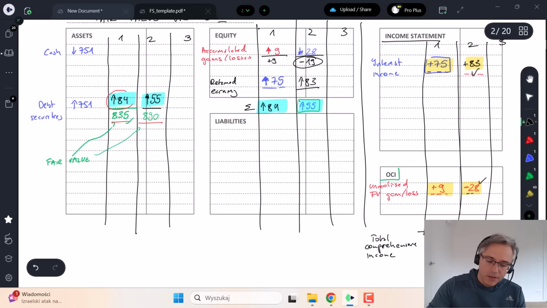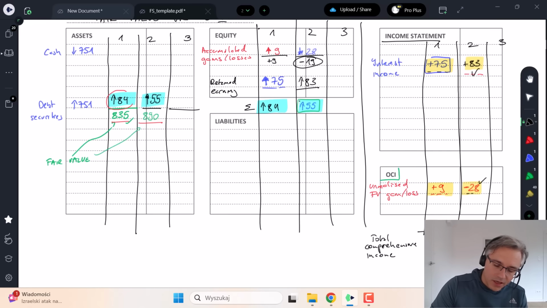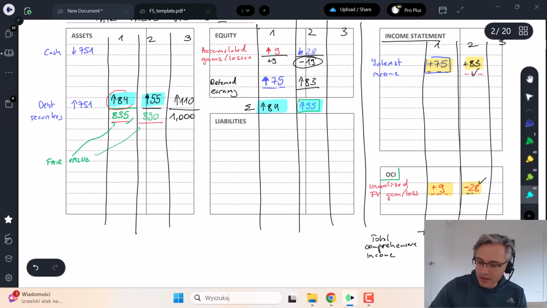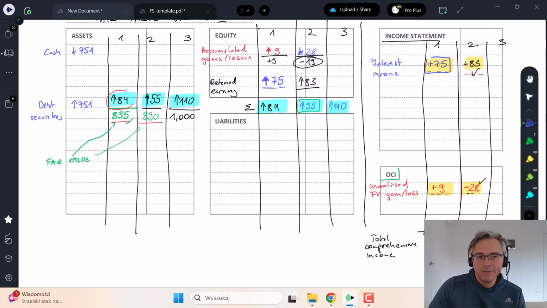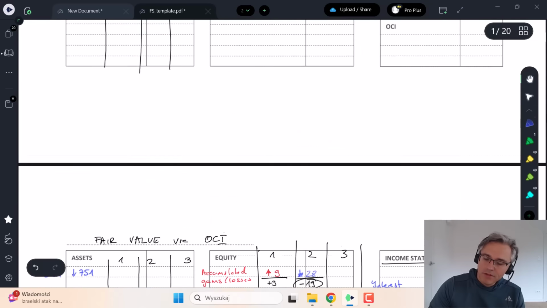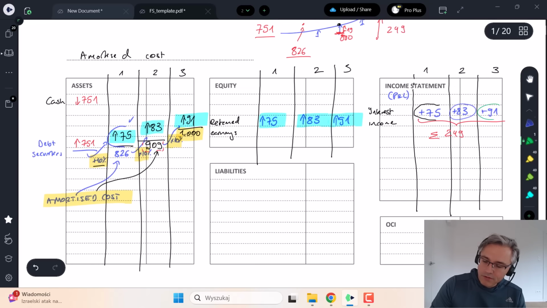In the final period, we have to go all the way to 1,000, right? The asset increases in value to its ultimate 1,000, so that is, no need to take the calculator out, growth of 110. And once again, we're going to experience that 110 growth over here within equity. However, taking some of it to P&L and taking some of it to OCI. The amount of interest we're going to report is the same 91 as before.